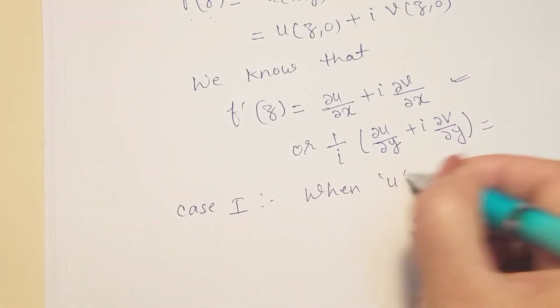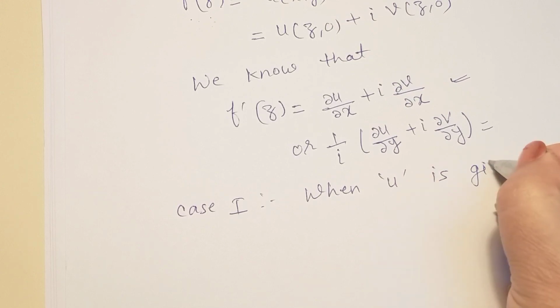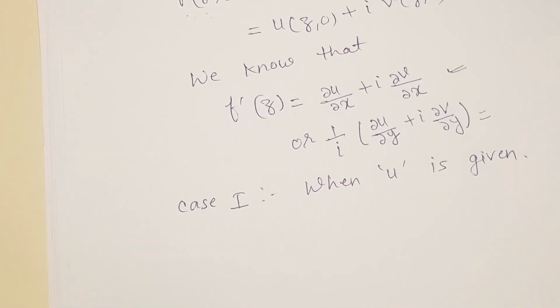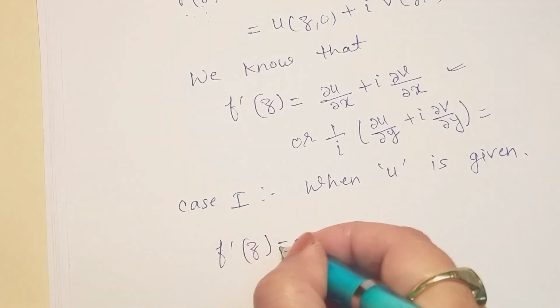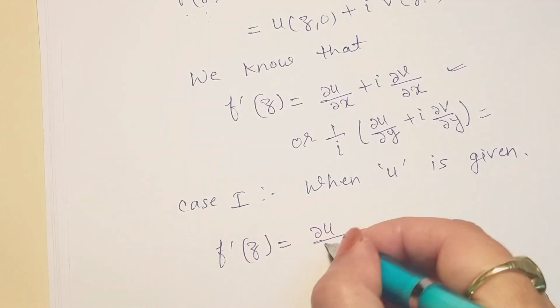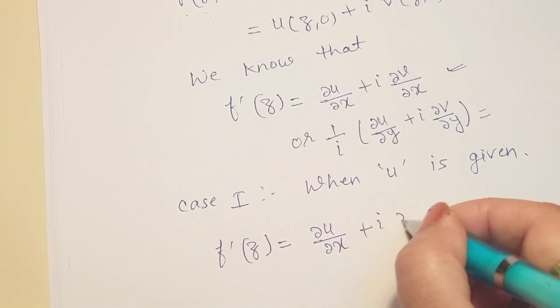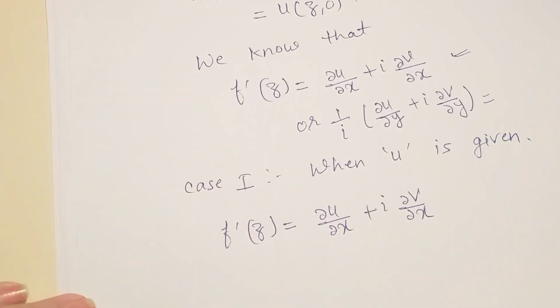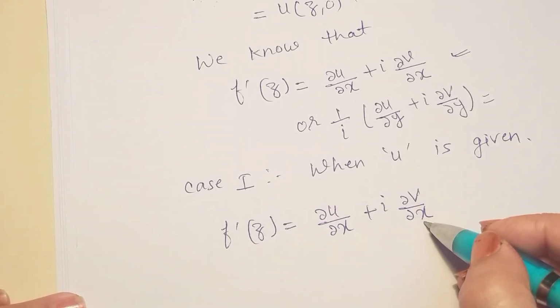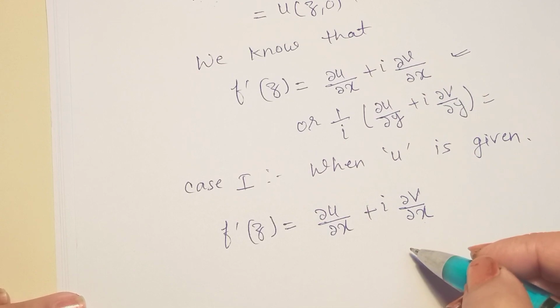When u is given, okay, in that case f dash z is equal to del u by del x plus iota del v by del x. Again by Cauchy-Riemann condition we can replace this del v by del x by minus del u by del y.